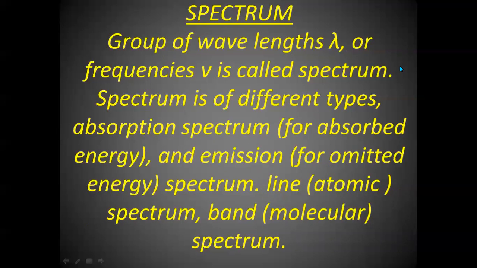So the spectrum is of two types. One is called emission spectrum, because energy is emitted, and the other is absorption spectrum, because energy is absorbed. Two more types are line spectrum and band spectrum.